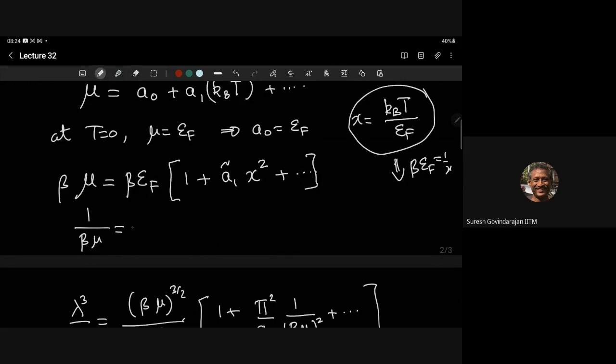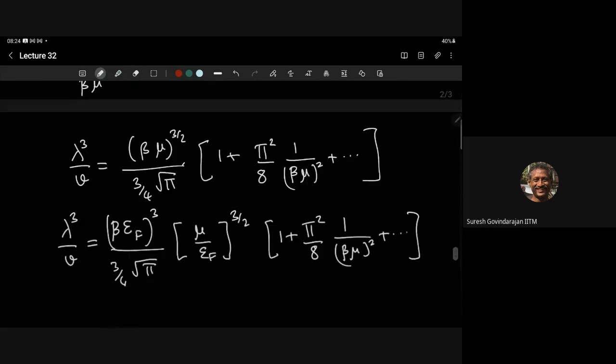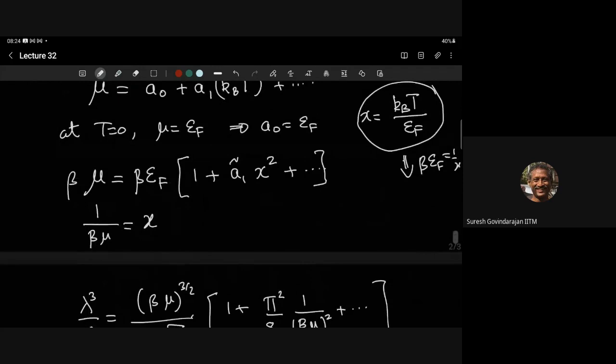So 1 by beta mu is x. So what you can see here, x into 1 plus, so this term is order x, and 1 by beta mu will be 1 plus this order x cubed. So I'm only keeping terms to order x.